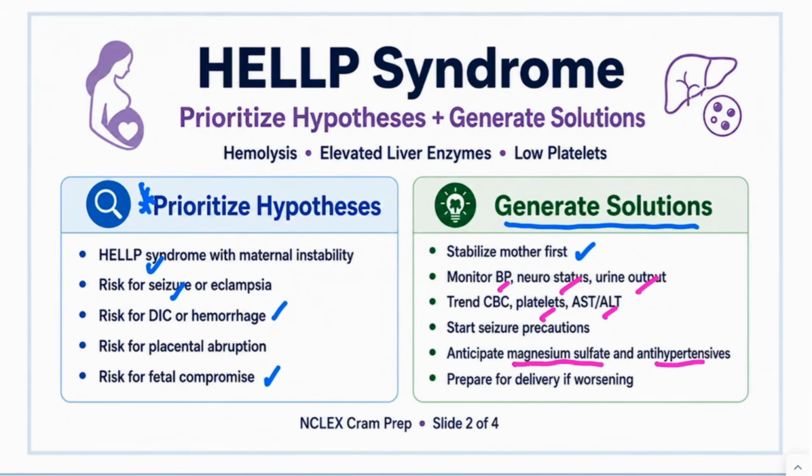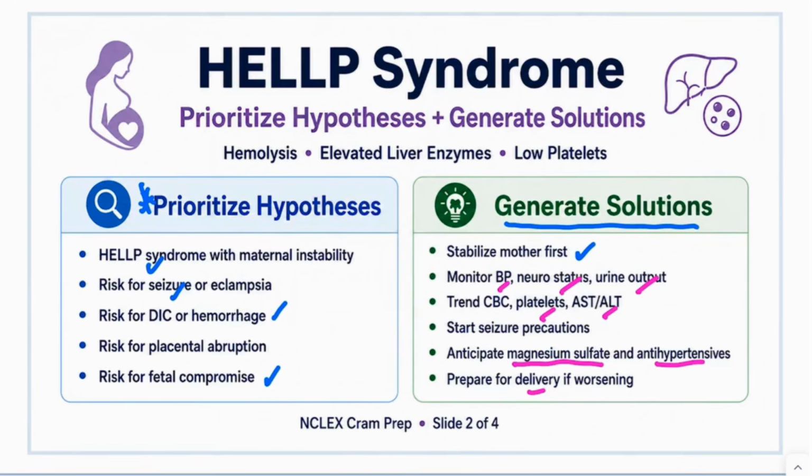We also need to make sure that we maintain IV access because this patient may need medications, fluids, and blood products because of that risk of bleeding. And remember this important point: the definitive treatment for HELLP syndrome is the delivery of the baby. Okay? But the patient must be assessed and stabilized first.